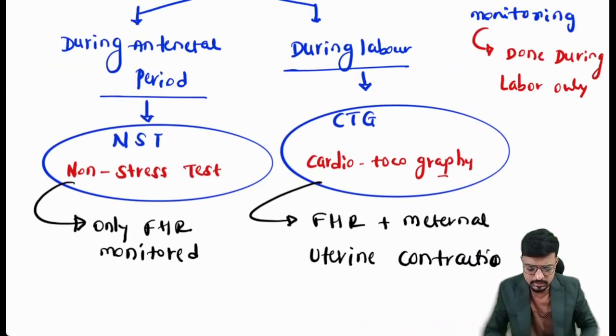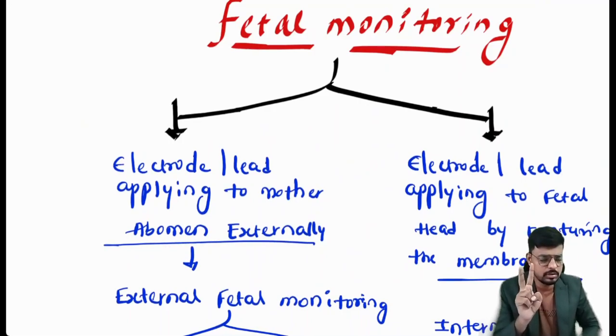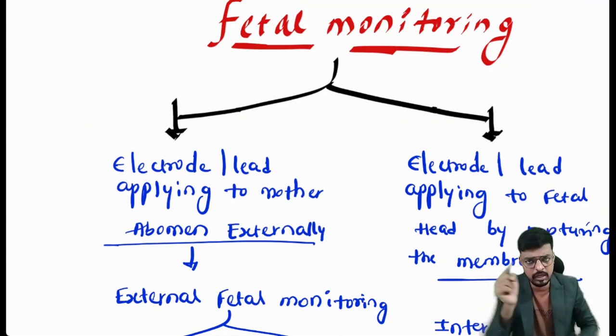Okay, students, in fetal monitoring we will study two very important modules. One is external fetal monitoring and the other is internal fetal monitoring. So what is external fetal monitoring? In external fetal monitoring, we use transducers or leads applied externally to the mother's abdomen, which measure the fetal heart rate and the uterine contraction.